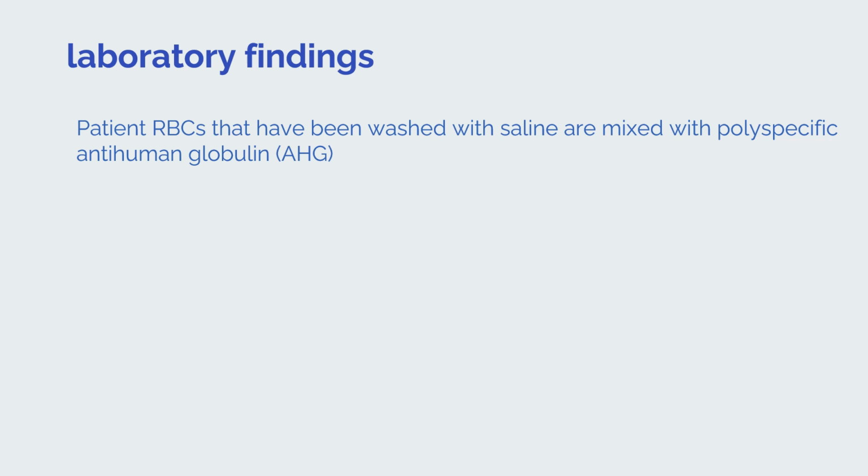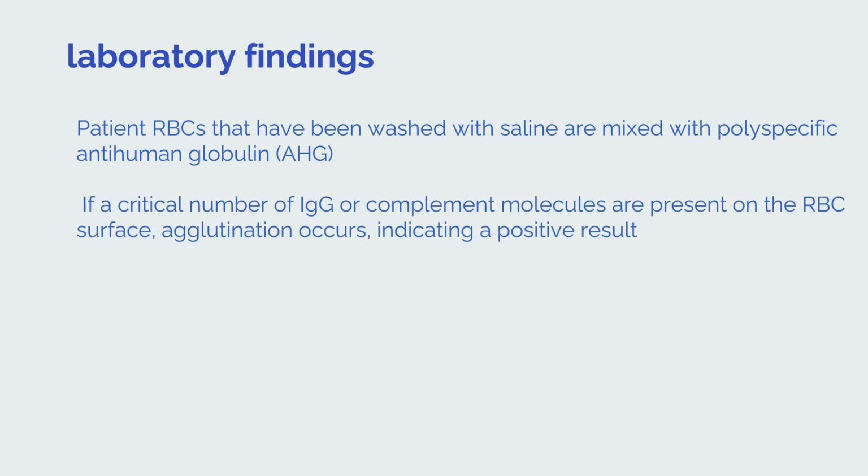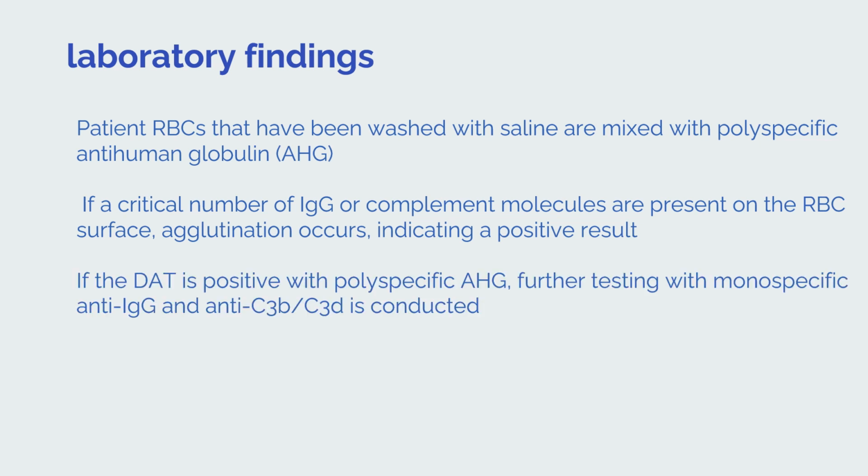Here's how it works. Patient RBCs that have been washed with saline are mixed with polyspecific antihuman globulin, AHG. If a critical number of IgG or complement molecules are present on the RBC surface, agglutination occurs, indicating a positive result.